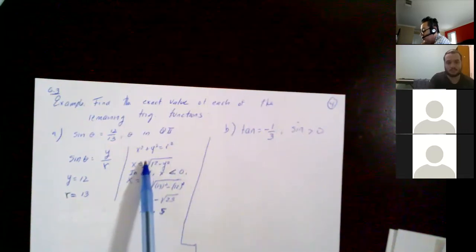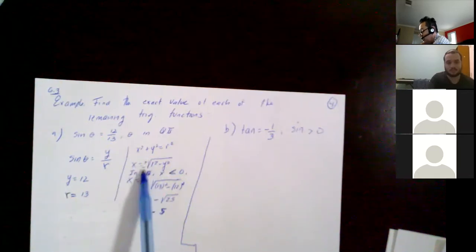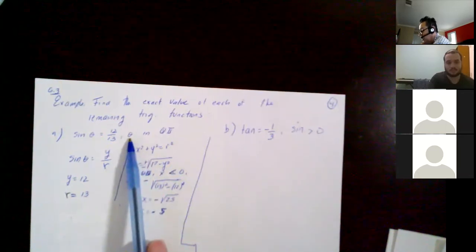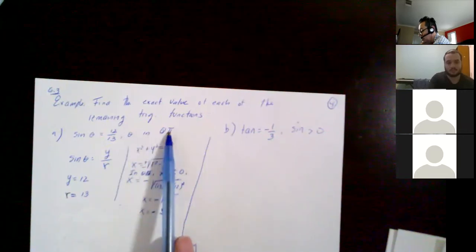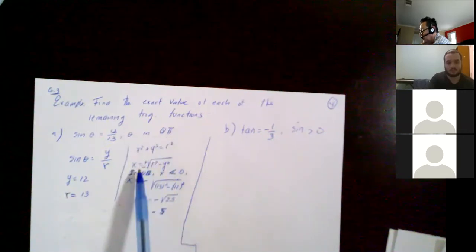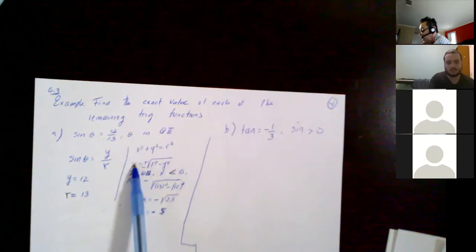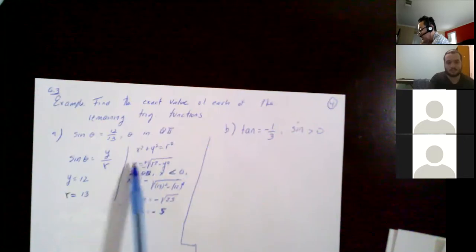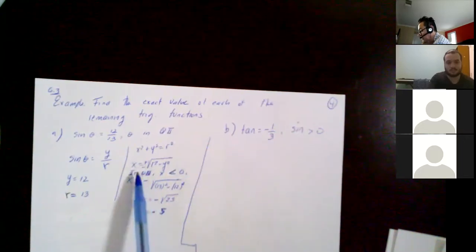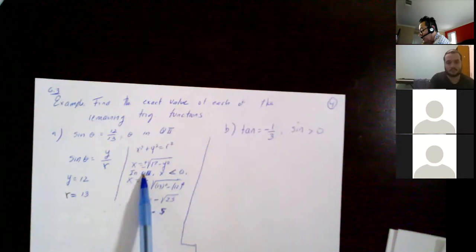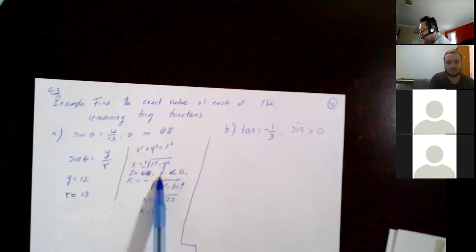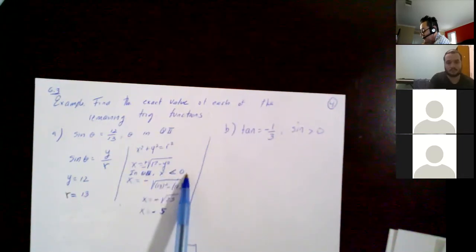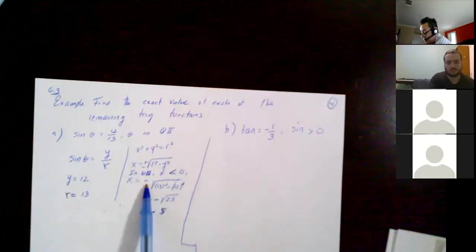Which sign should we choose? That's why they're telling us that theta is in quadrant 2. The cosine, or the x value, in quadrant 2 happens to be negative, right? Do you guys agree on that? Most likely you're saying yes. In quadrant 2, x is negative, so that's why we're choosing the negative sign.